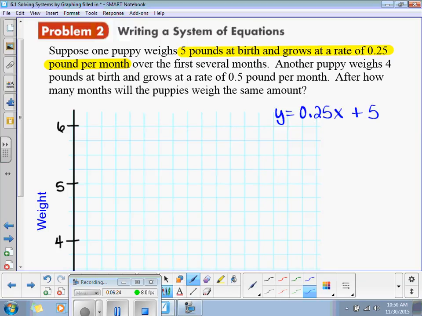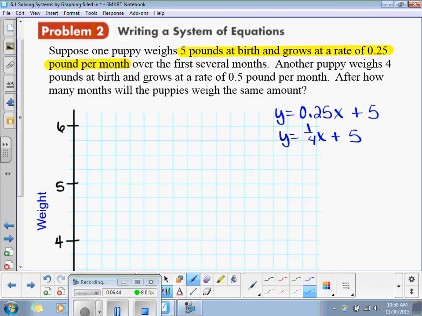Very good. I like to change the decimal to a fraction if I can, because of the rise over run. 1/4. So y is equal to 1/4 x plus 5. So there's my first equation.